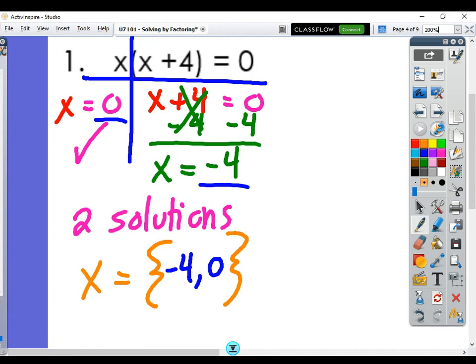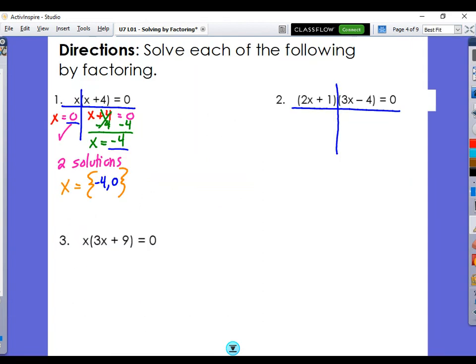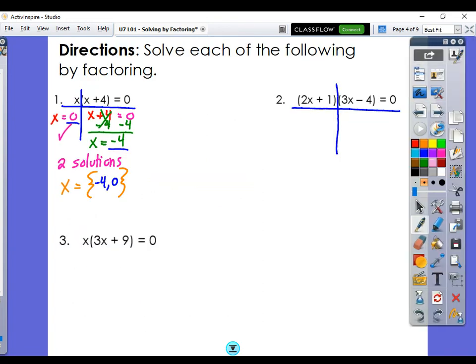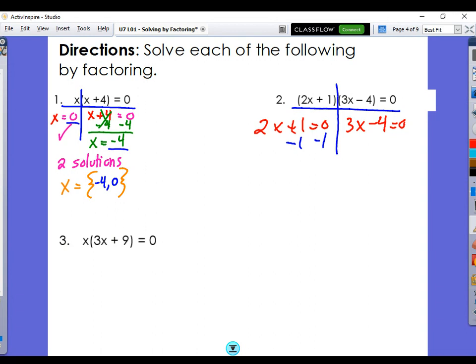All right. I'm not going to take quite as long on these other guys because it's actually pretty easy. If I take these two and I set them equal to 0, 2x plus 1 equals 0, and 3x minus 4 equals 0, well, now we can just subtract the 1 over and then eventually divide by 2. So 2x equals negative 1, divided by 2, so x equals negative 1 half.